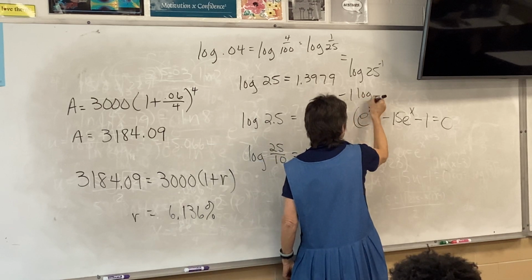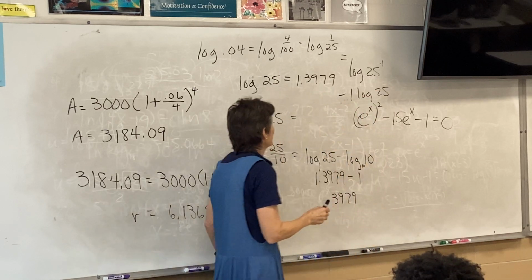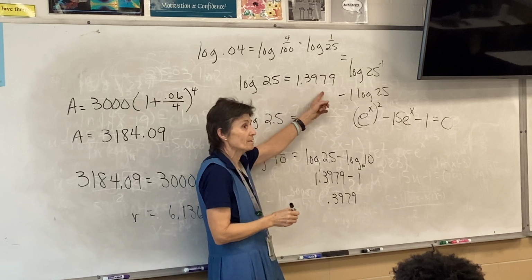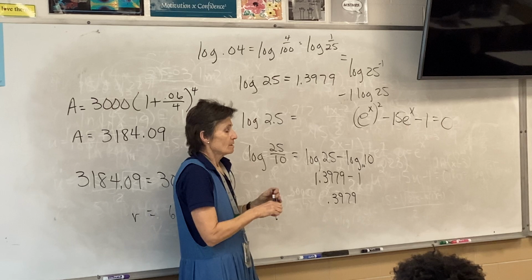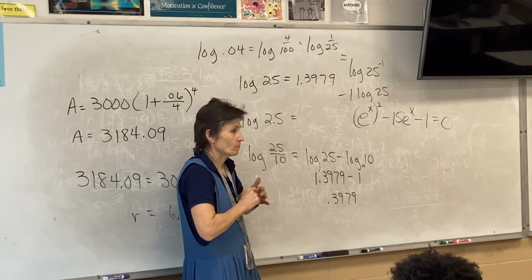Negative 1 times log 25, so that answer would be negative 1.3979. We gotta know our exponents.